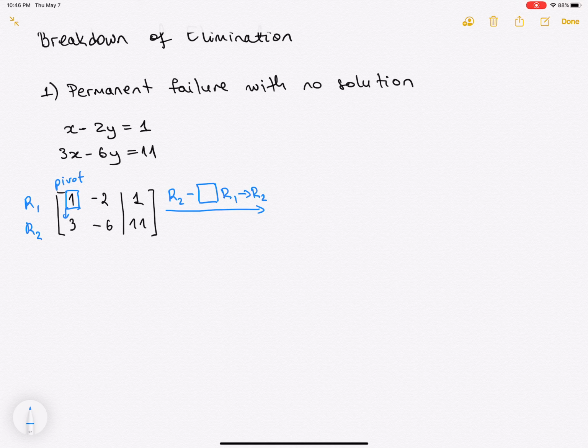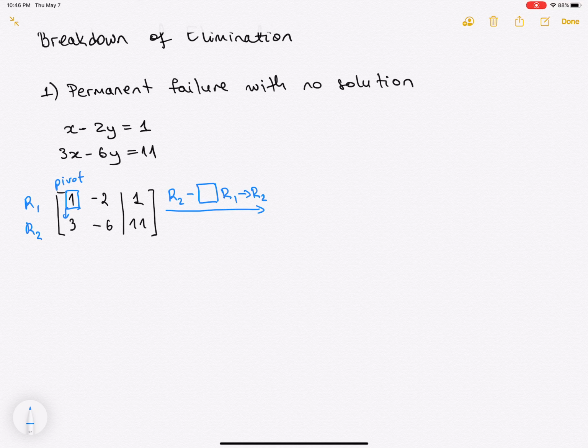This is always going to be the structure of the operation. So R2 is always going to be just R2. It's not going to be multiplied by any numbers. And then R1 is going to be multiplied by something.